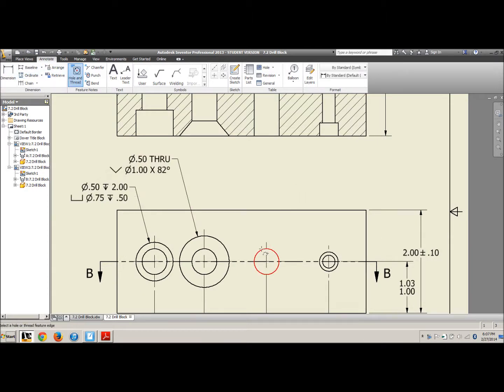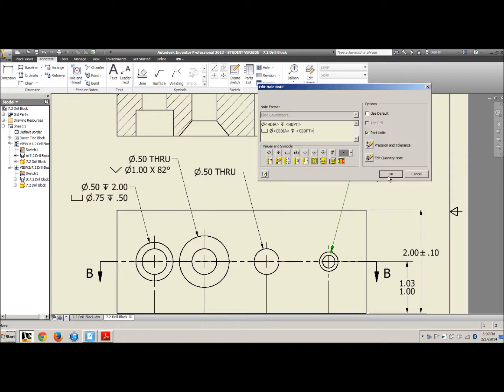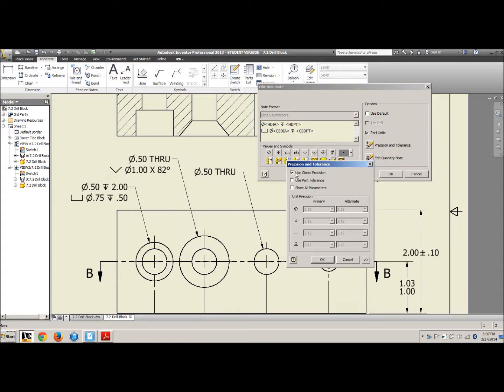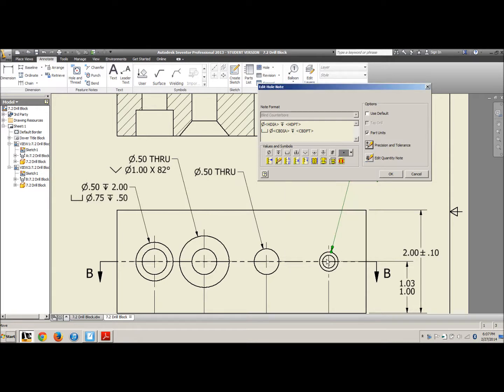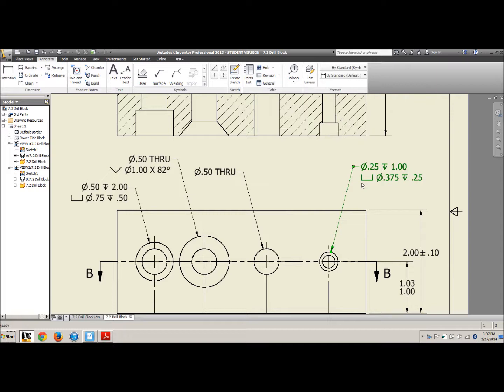Hole note. And we already know that 0.375 on the counter bore diameter needs to be 3. So I went into the hole note precision and tolerance and changed that to 3 decimals precision.